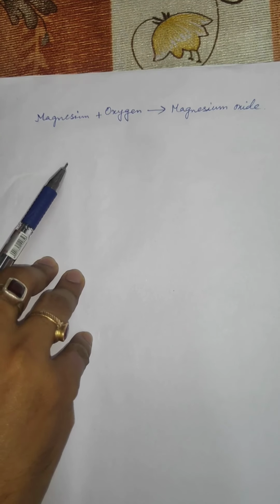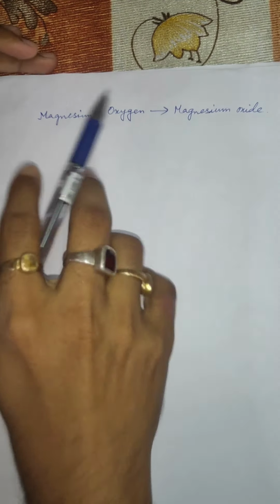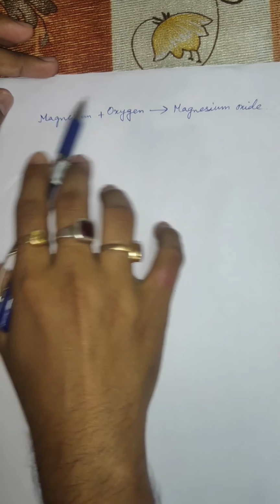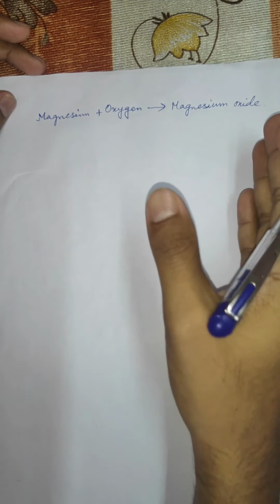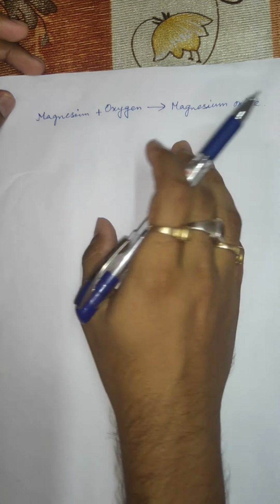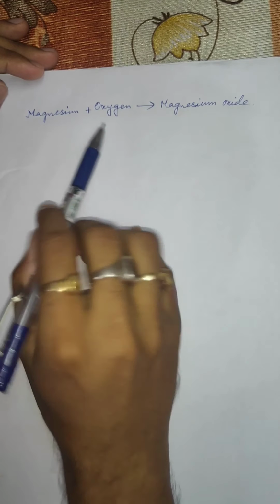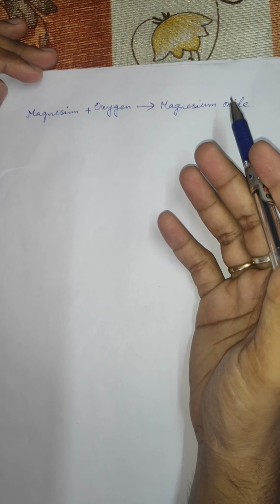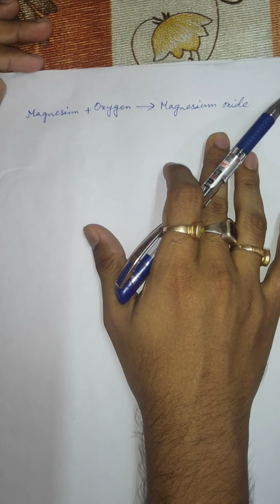So I have written magnesium plus oxygen equals magnesium oxide. Now, what are the substances in the left hand side? We call them reactants, and the substances in the right hand side are called products. These substances react to form a new substance, and that we call the product of the reaction.